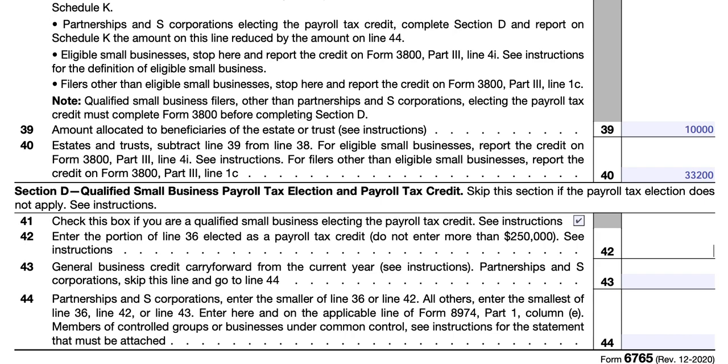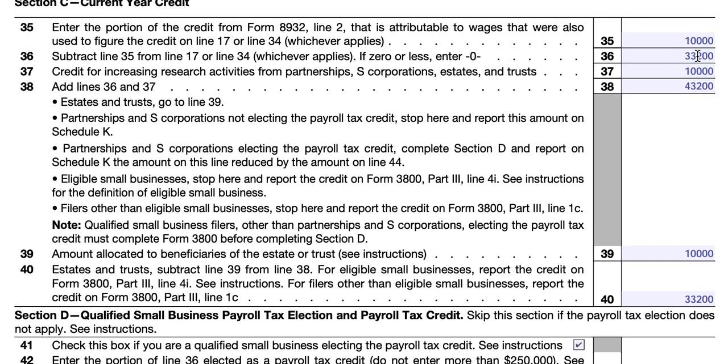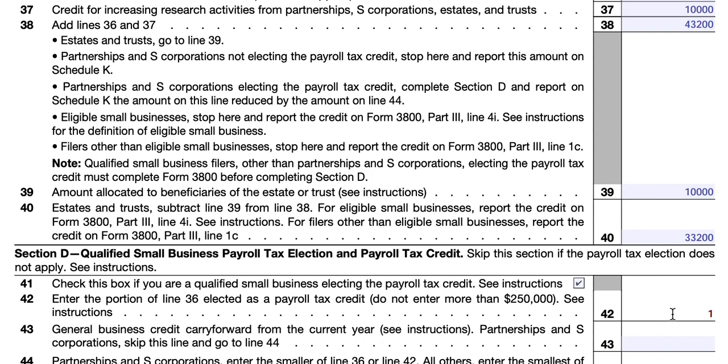I'll just say that Acme Enterprises is, and then you're going to enter the portion of line 36 that you decided to elect as a payroll tax credit. So let's just imagine that we take $10,000 and we're going to make that a payroll tax credit.